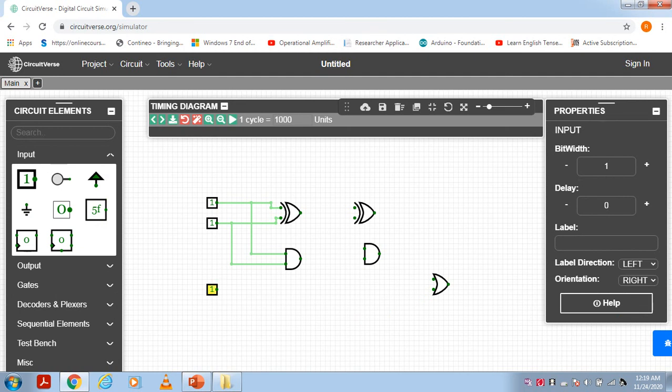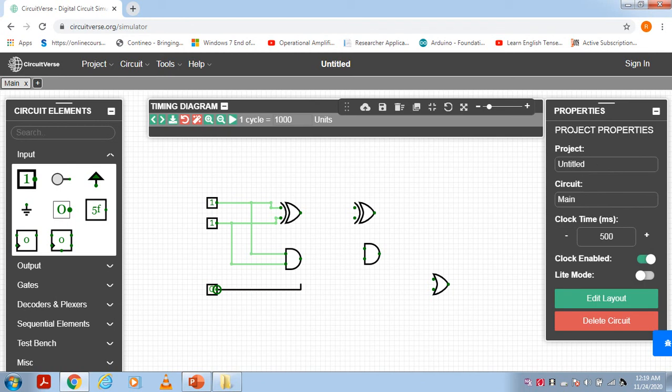So the input of this will be connected to the XOR gate, and this first half adder circuit output is connected to the input of the second one. The next one is these two inputs are connected to the AND gate.